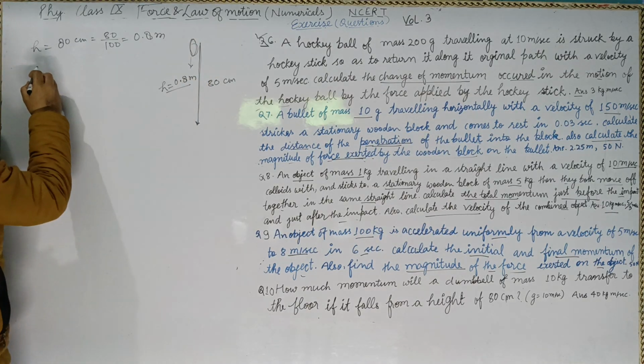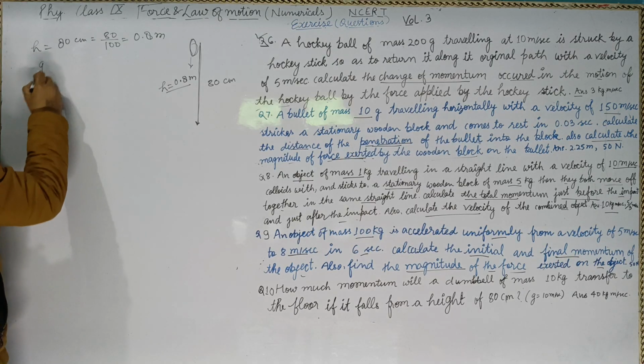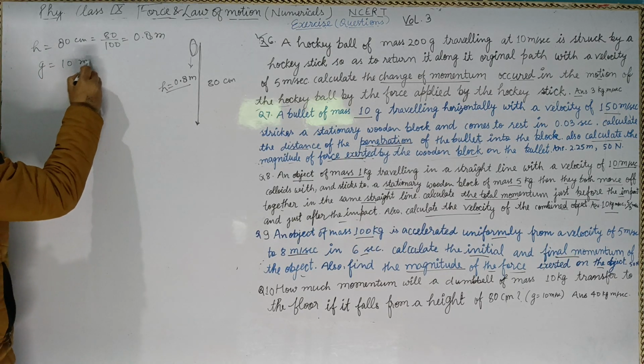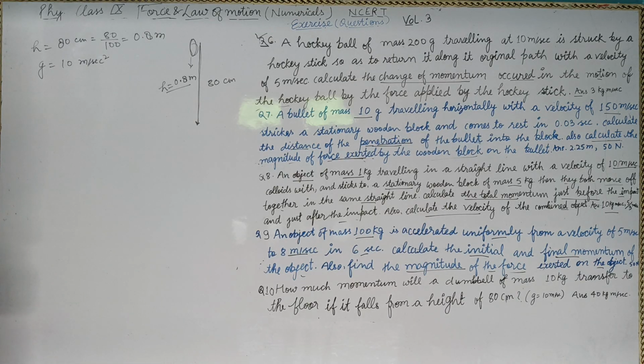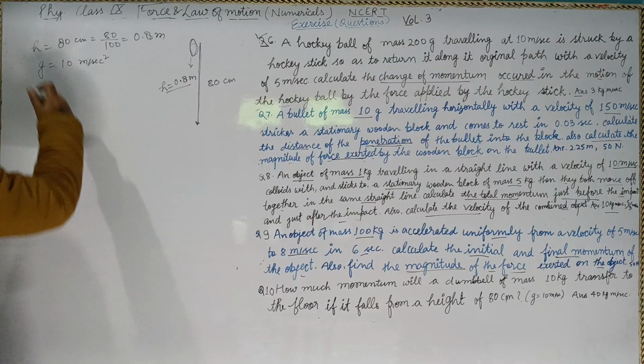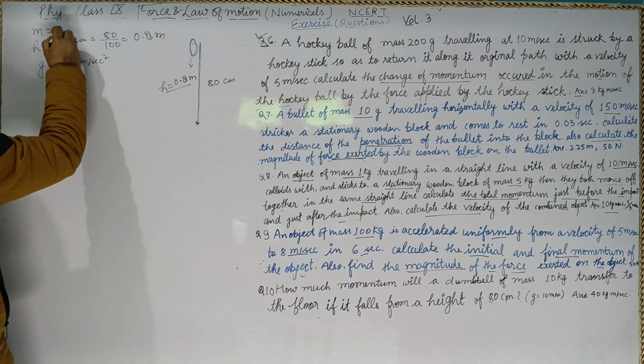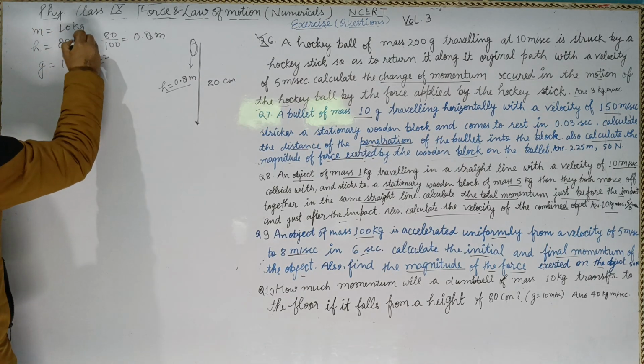So we take the gravitational acceleration g is equal to 10 meter per second square. Height is given and mass of object is also given, it is 10 kilogram.